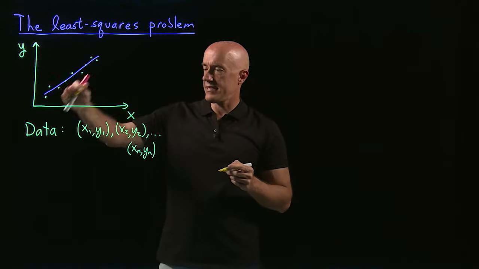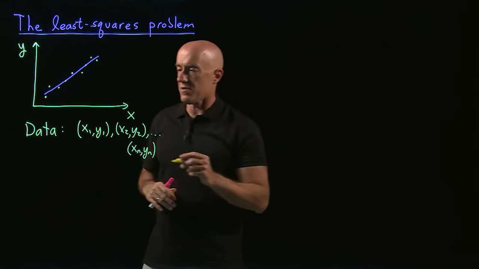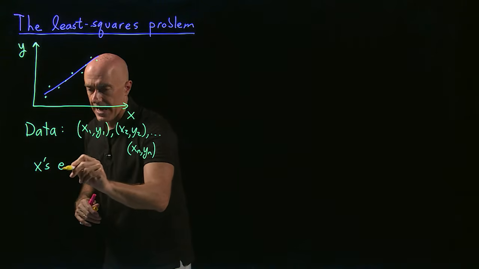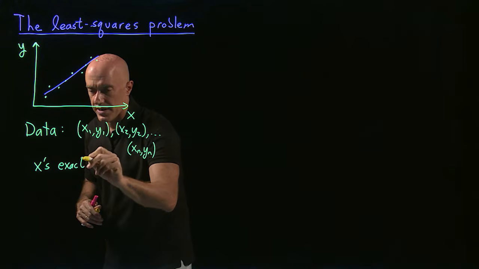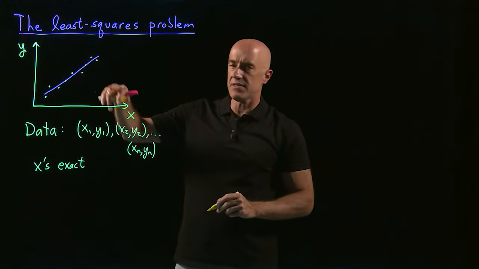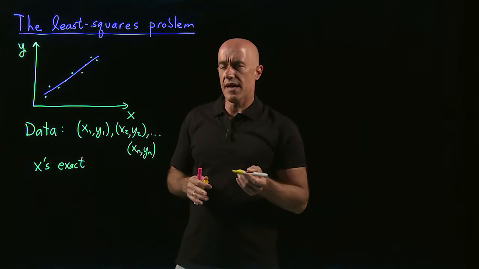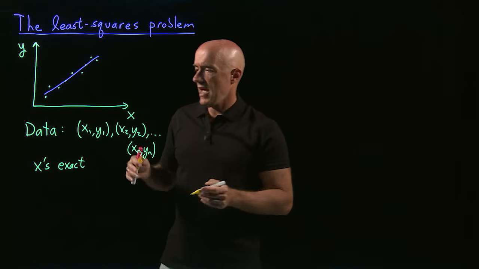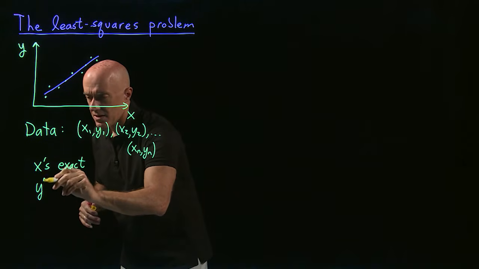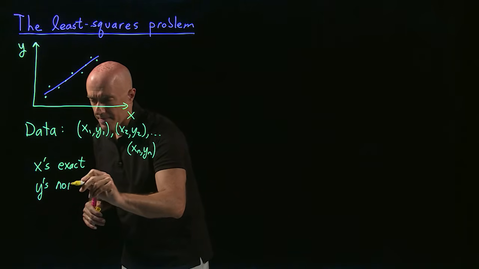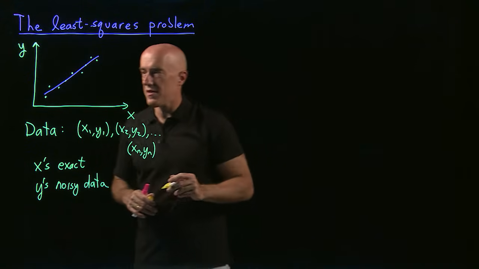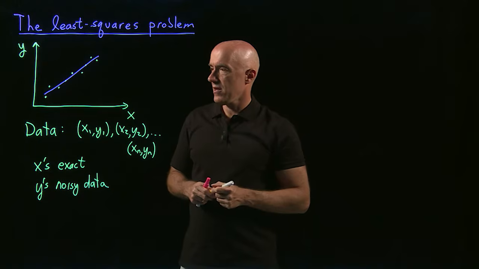And then in the standard sort of least squares problem, we're going to assume that the x's are exact. So the x coordinates of this data are known. That's considered the independent variable. And then the y's are noisy data. Okay, those are the dependent variables.